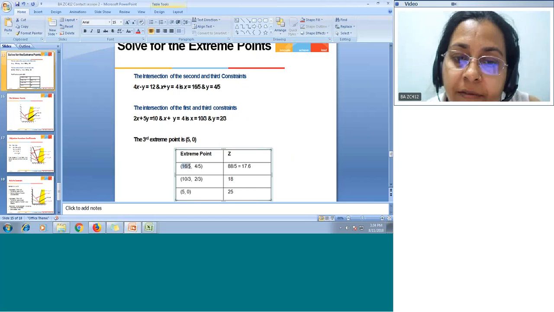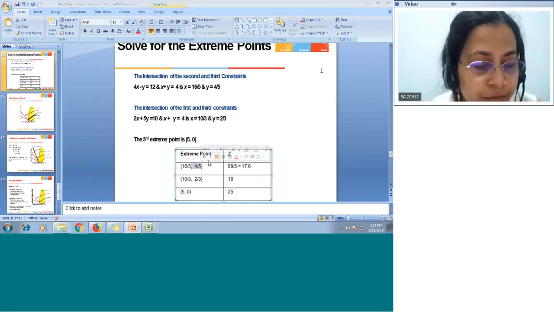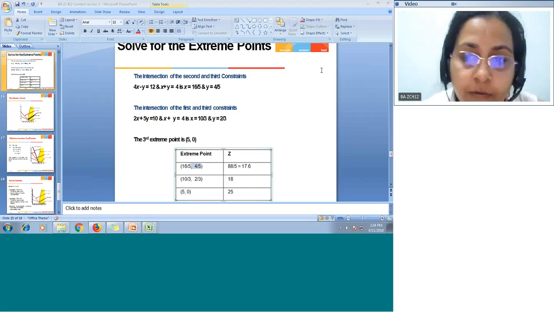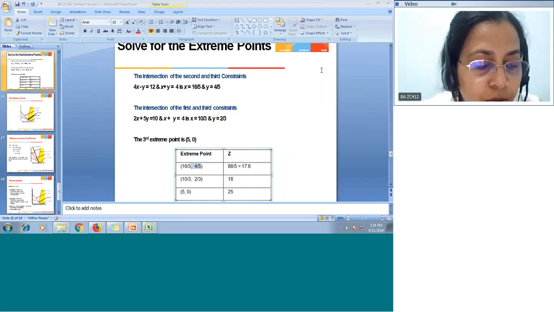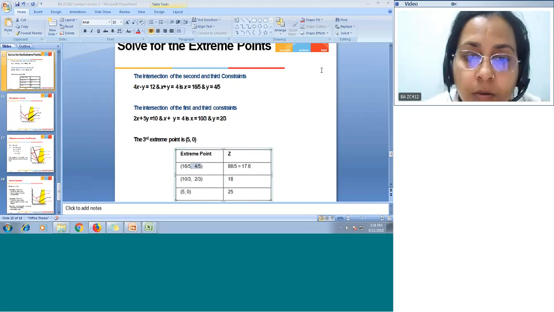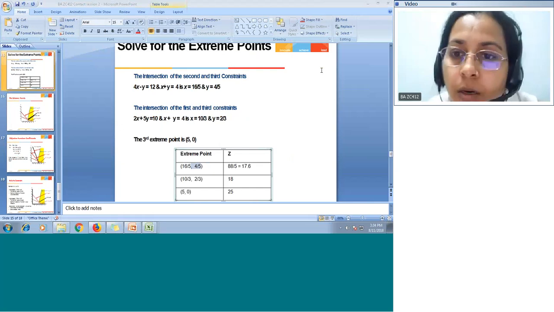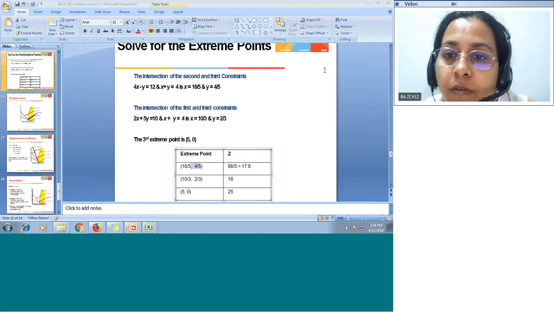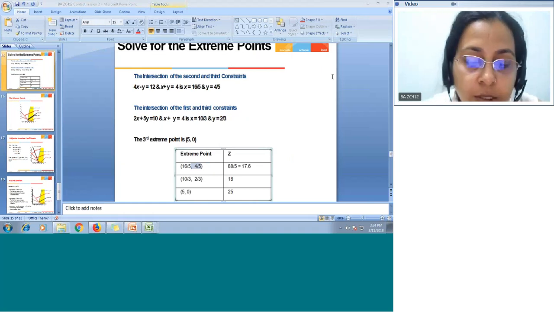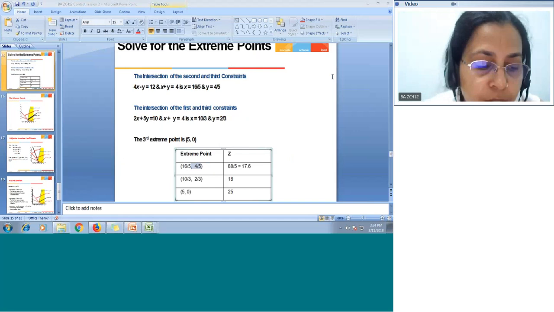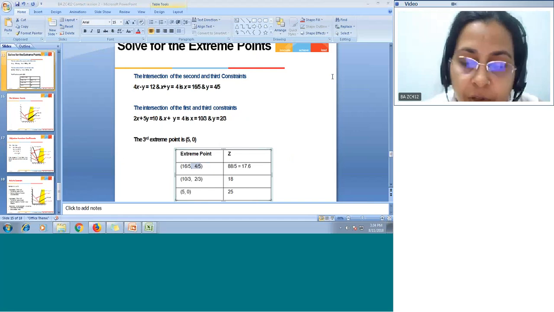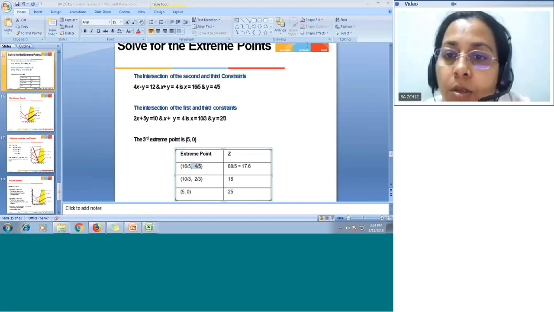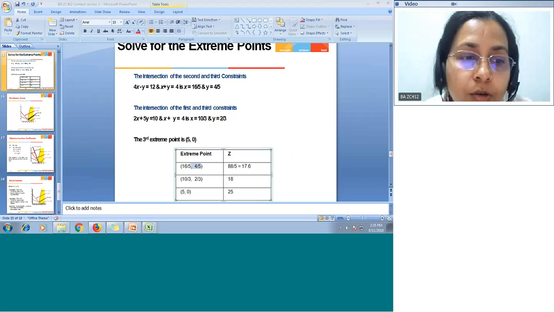So x1 is 16 by 5 and x2 is 4 by 5. This is our solution. For these two values, z value is 17.6, right? So this is our optimal solution, minimum solution for this problem.